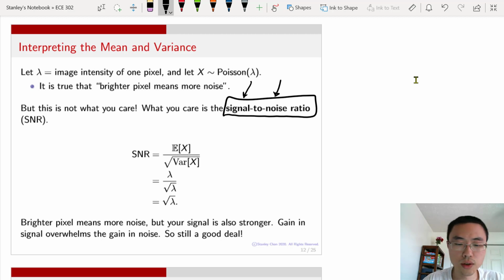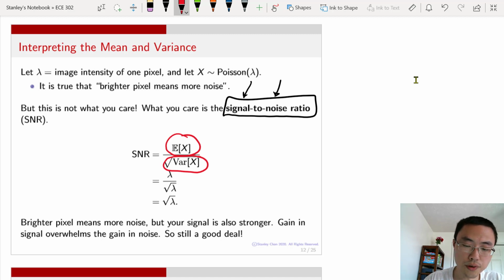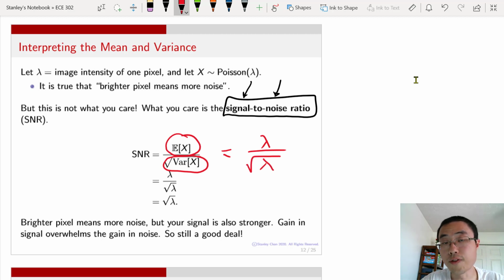Signal is usually defined as the mean of your random variable, and noise is the standard deviation of your random variable, which in our case would be the square root of the variance. So you plug in the Poisson equation. The mean is lambda, and the variance is also lambda. But don't forget, the noise is defined as the square root of the variance, and so you have lambda divided by the square root of lambda. And so the signal to noise ratio is actually the square root of lambda.